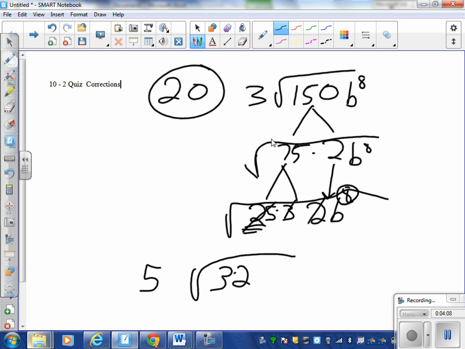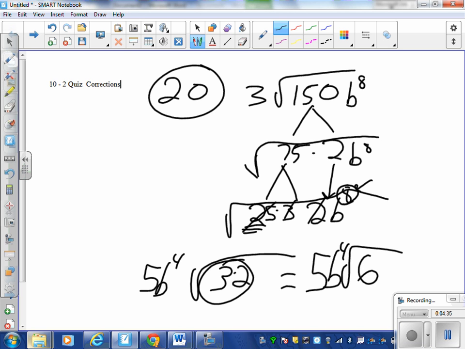So this turns into b to the 4th power. So I'm left with 5b to the 4th power, 3 times 2 on the inside. I need to multiply these two together. So my final answer is 5b to the 4th power, square root of 6.